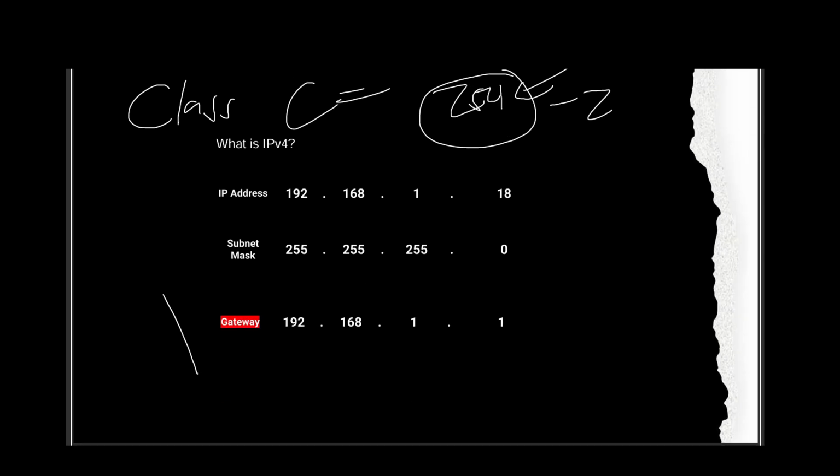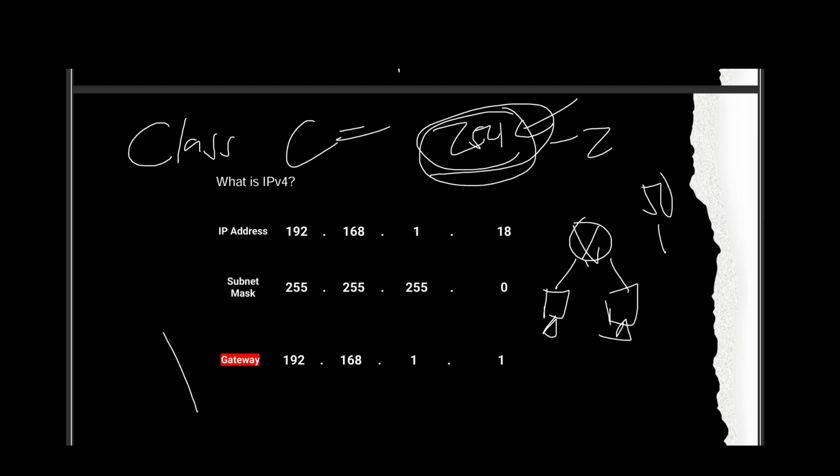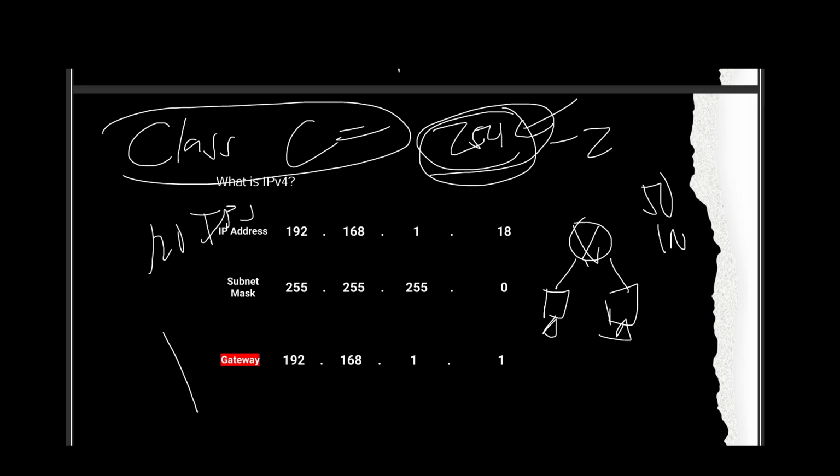And also a reason why we have to subnet is because of these 254 IPs. Imagine you have a company and you're only using maybe 50 or 100 PCs, and you use a class C network. It means you have 120 IPs that are not usable.